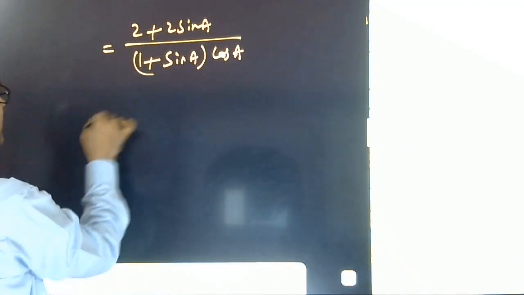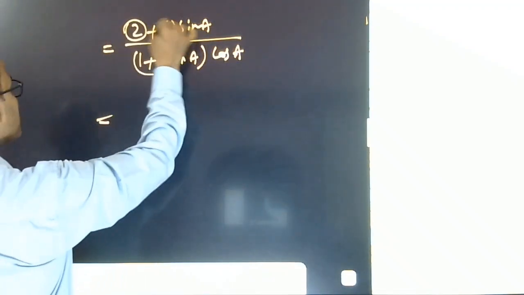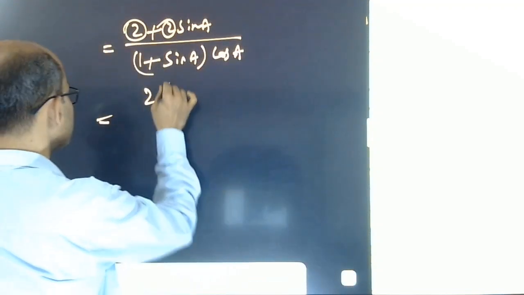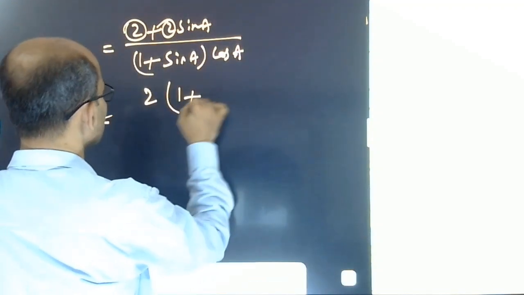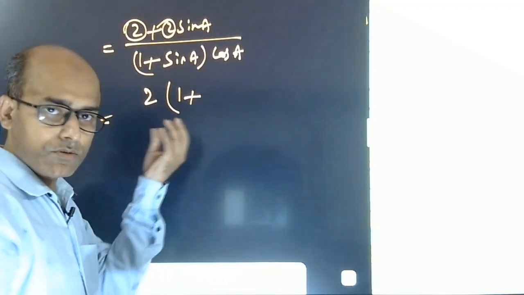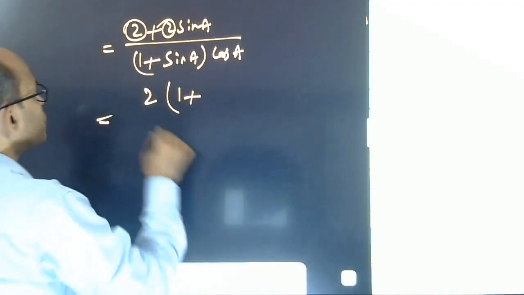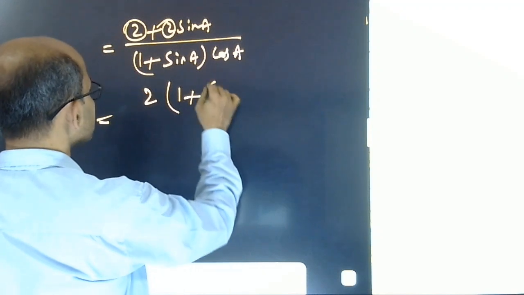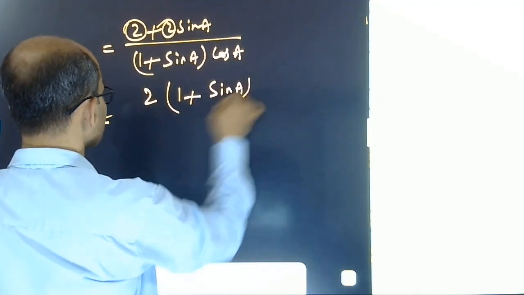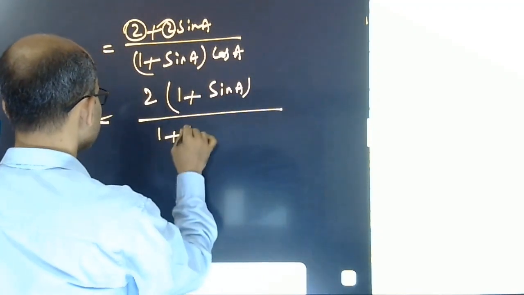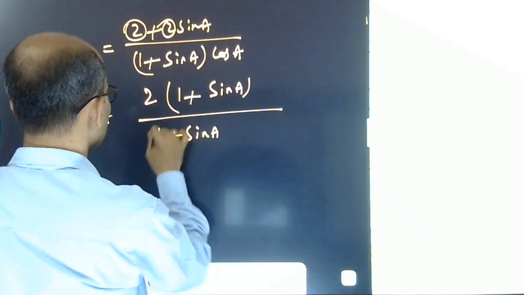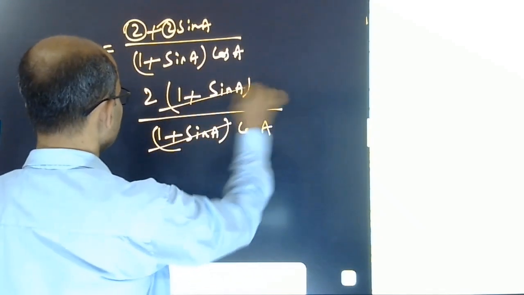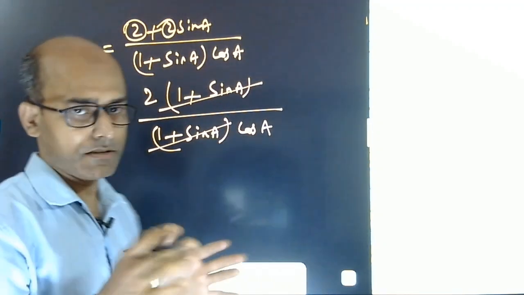You can see in these two terms there is 2 as a common. So we write 2 times in the bracket 1 plus sin A, and the denominator is 1 plus sin A cos A. 1 plus sin A and 1 plus sin A cancel each other.